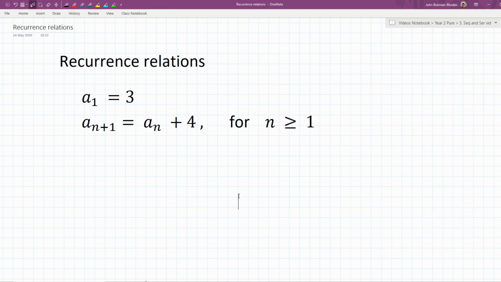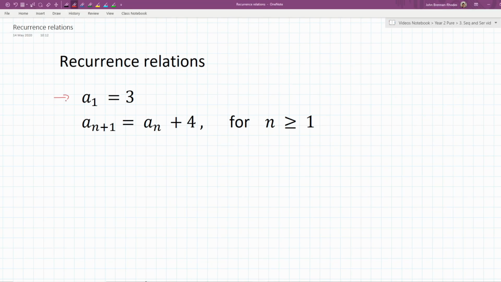This is a recurrence relation, and it comes in two parts. Now, it is not something to be too intimidated by. There's a lot going on on the page, but what you need to do is just think about it in this sense.